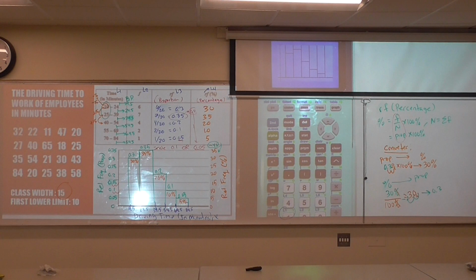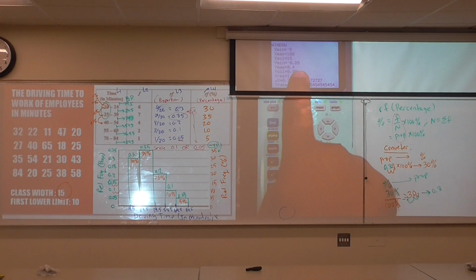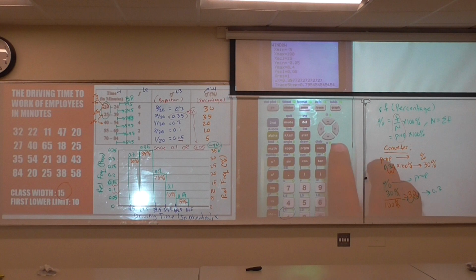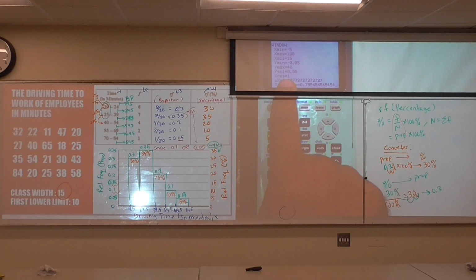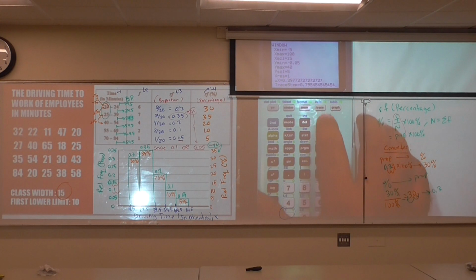So now when I rescale it, I go back to Window, and I can rescale it. Once again, over the max. Instead of being 0.4 now, I'm going to move over 2 decimal places, making it 40. So let me just go ahead and clear that. I put 40. Over here, we're going to move over 2 decimal places. It becomes 5. So I can clear that and put 5.